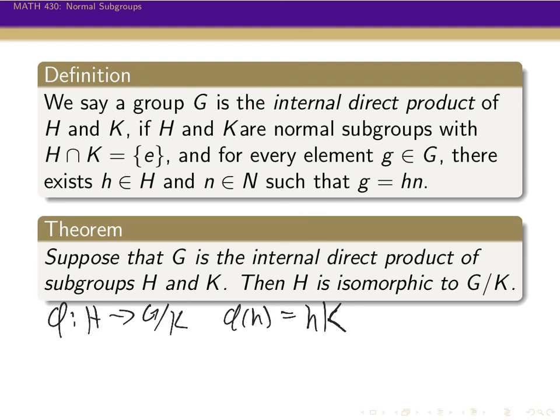Let's do onto first. So this is for any gK in G mod K. Well, g we can write as h times n.